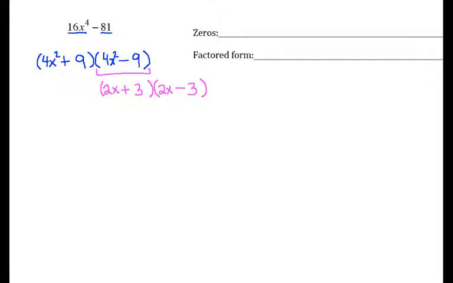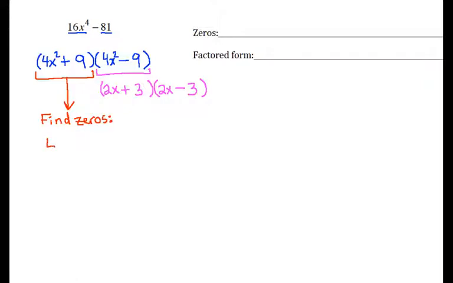So this part of the polynomial is factored completely, but the first part is again a sum of squares, which is just like the first example we saw. This is not factorable by our traditional techniques. We need to find the zeros, and from those zeros, construct the factors.